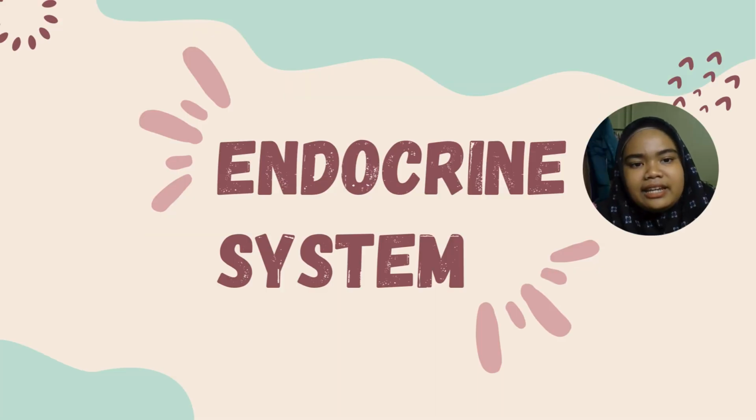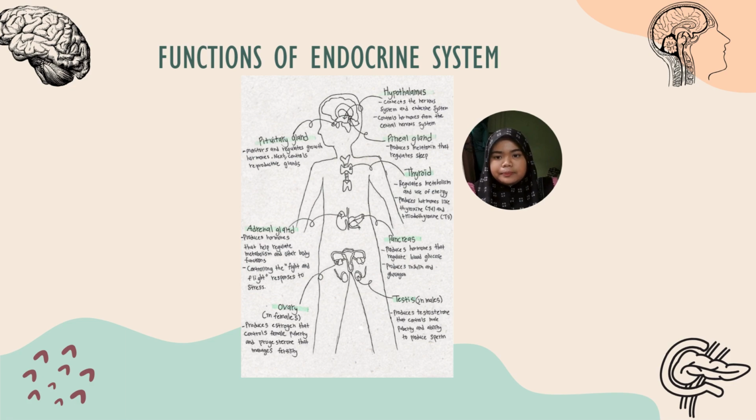Hi, in this slide, I will explain about topic 3.1, which is the endocrine system. Functions of the endocrine system. The first one is the hypothalamus, which connects the nervous system and endocrine system and controls hormones from the central nervous system.